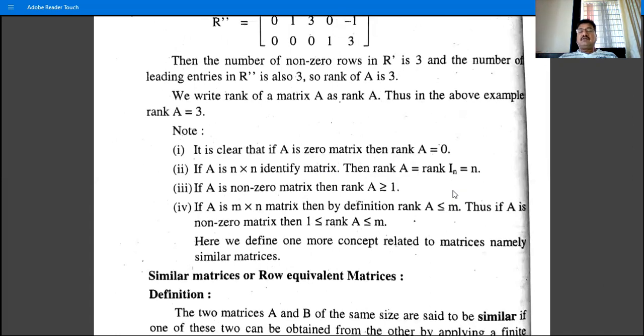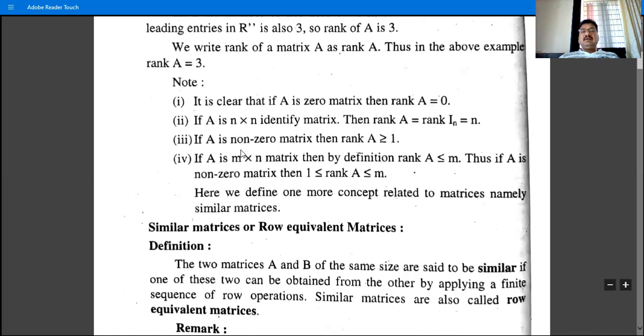The reduced row echelon form of the identity matrix is itself. Therefore, I3 contains 3 non-zero rows, and so rank of I3 is 3. Similarly, the rank of I_n is n.